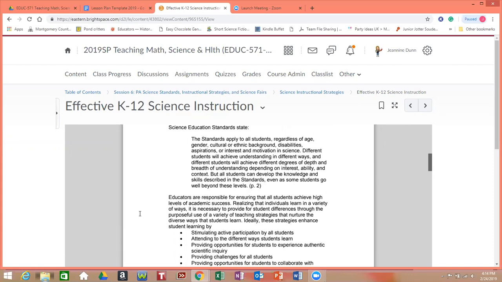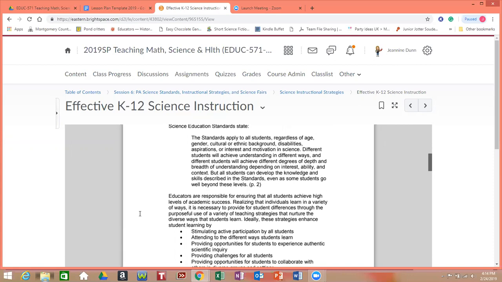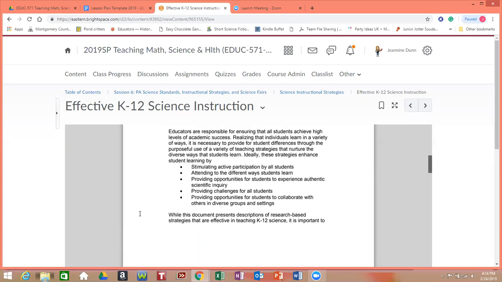Different students will achieve understanding in different ways, and different students will achieve different degrees of depth and breadth of understanding depending on interest, ability, and context. But all students can develop the knowledge and skills described in the standards, even as some students go well beyond these levels. Educators are responsible for ensuring that all students achieve high levels of academic success.